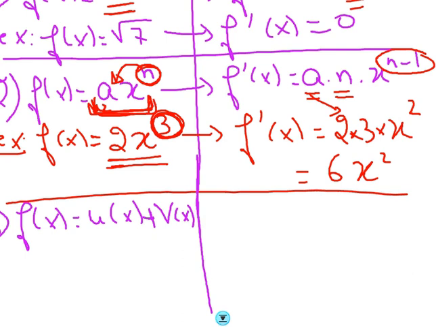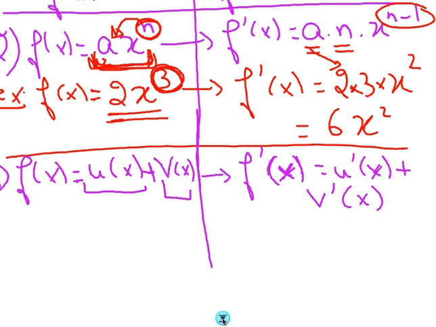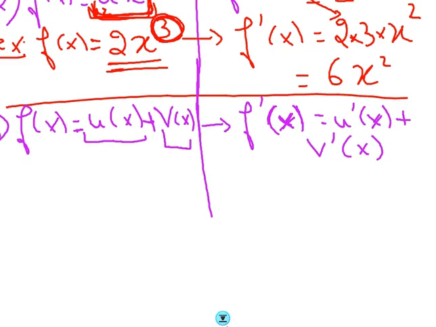So u of x plus v of x means you have a function in terms of x plus another function in terms of x. Its derivative f prime of x will be equal to u prime of x, the derivative of the first function, plus or minus, it depends on the sign, v prime of x. So you do the derivative of each function alone. Let's take an example to make it clear.